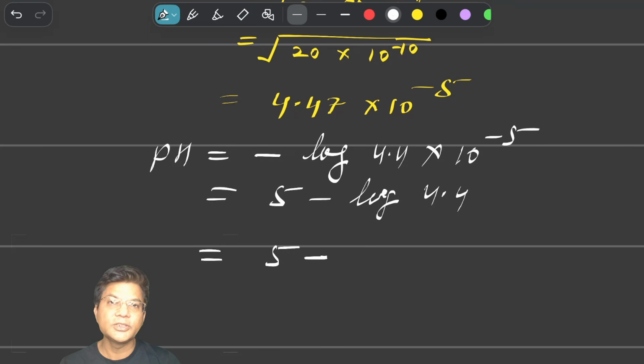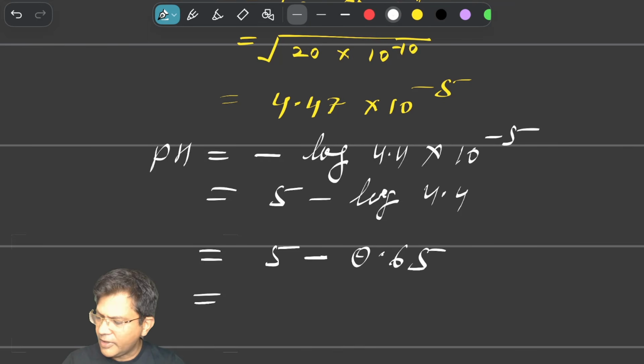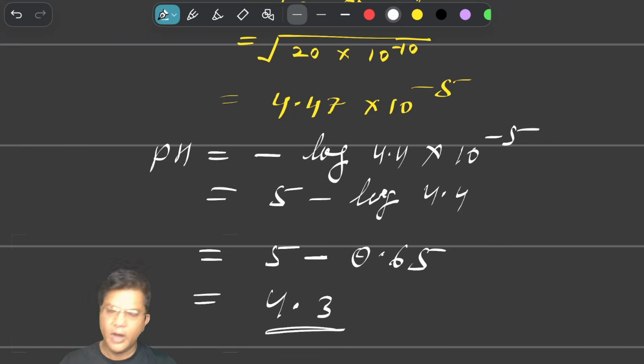Log 5 is how much? 0.7. So in between 0.6 and 0.7, something like 0.65. Let me write down 0.65. So I will get 5 minus 0.65. How much does it come out? It will come out 4.35 something, right? This will be your answer. Are you getting my point? So that means, if you see clearly, I took HCl 10 raised to power minus 4.